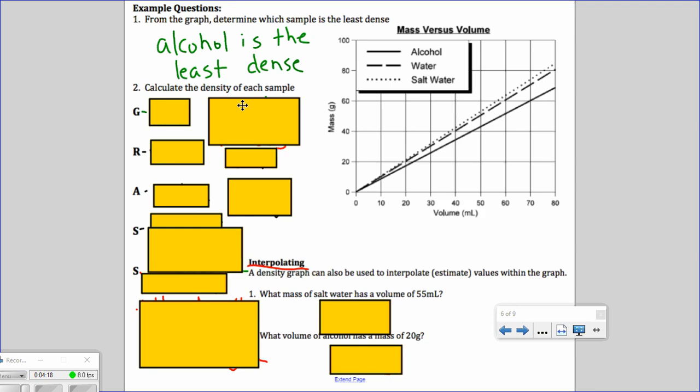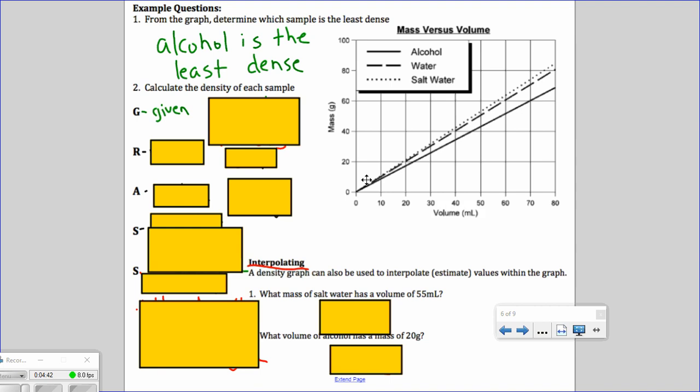And then we're asked to calculate the density of each sample. We'll just do an example calculation for one of the samples. But when calculating density or any other type of calculation in grade 9 science, we can use what is called the GRASS method. In the GRASS method, the G stands for given, and this is what you are given within a question.